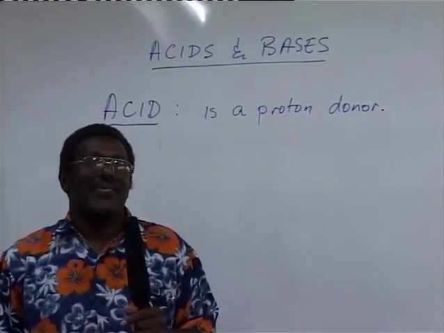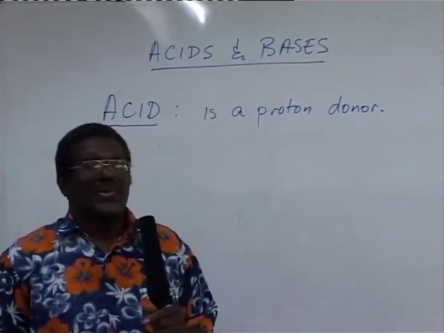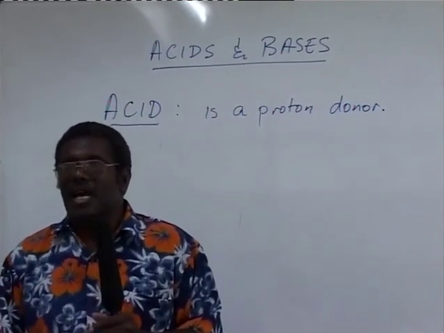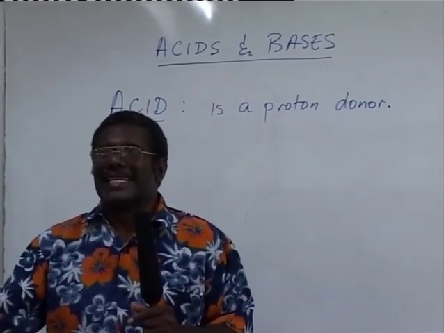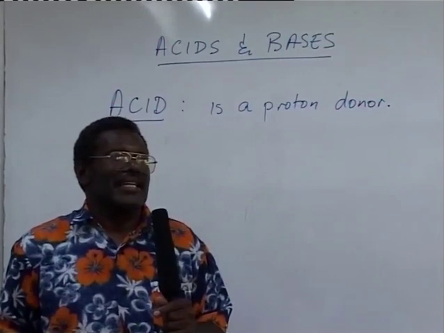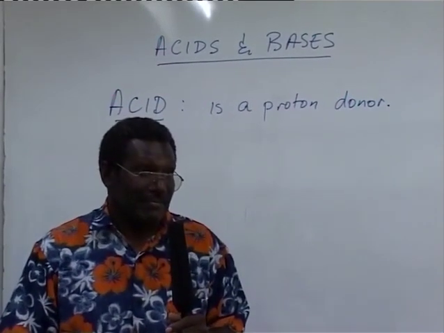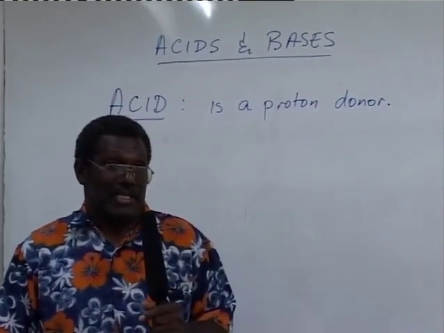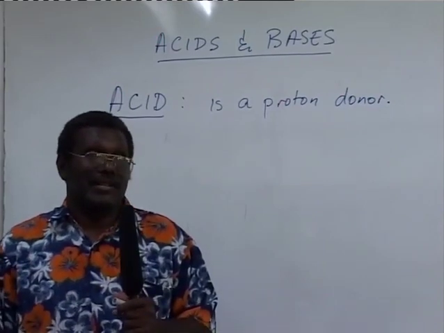So you need to know what a proton looks like. You need to know the meaning of a donor. You know, when you go and donate blood, you give blood. So an acid is a substance that must have a proton in order to donate it. All right? We'll give an example a little bit later.